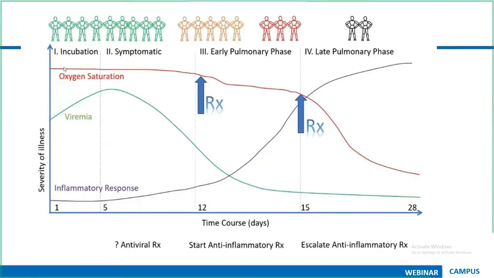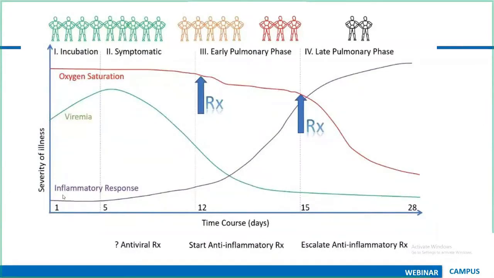So a patient remaining in normal oxygenation does not mean that the patient is in a stable stage. They can go into the early pulmonary phase and develop complications. That is why you have to watch such patients for at least 14 days.